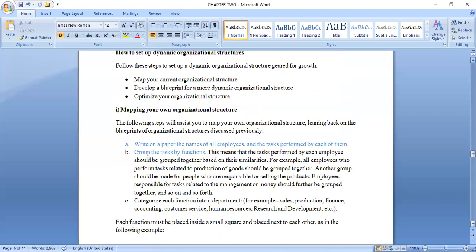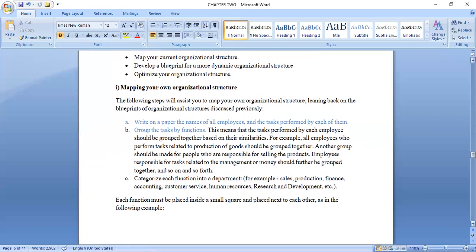And then lastly, optimize your organization structure. Optimizing is improving it, working on it, boosting it, right?